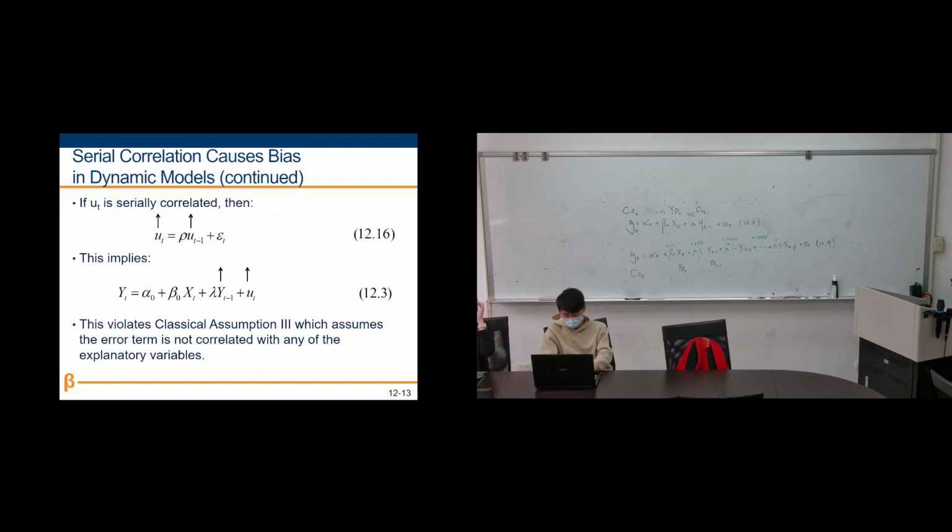And since there's serial correlation, what do we have to do to test for it? We have learned in chapter 9, right? So we can check how to check for serial correlation problems.